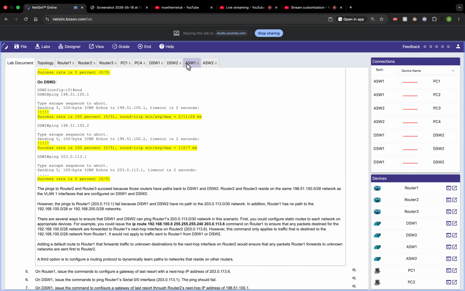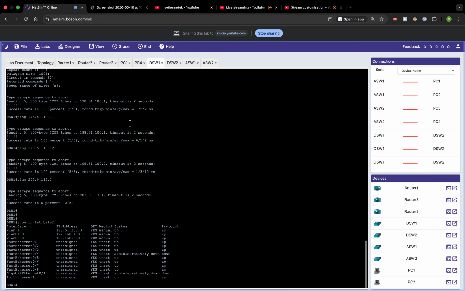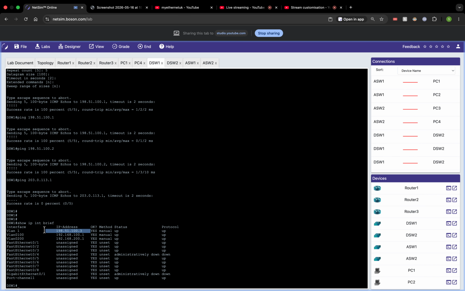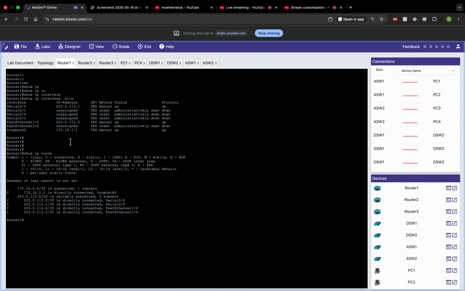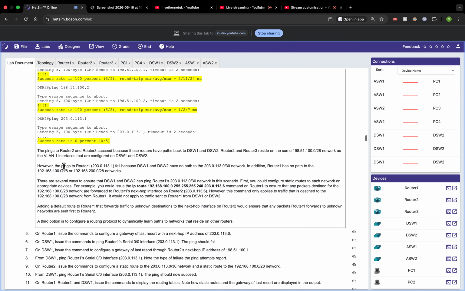This is something completely different. It doesn't have 203.0.113.x. It doesn't know how to get there. This is on the same network as the VLAN interfaces that are connected on DSW1, DSW2, which they have no path to. So router 1 has no path to the 198.51.100.0/28 network.